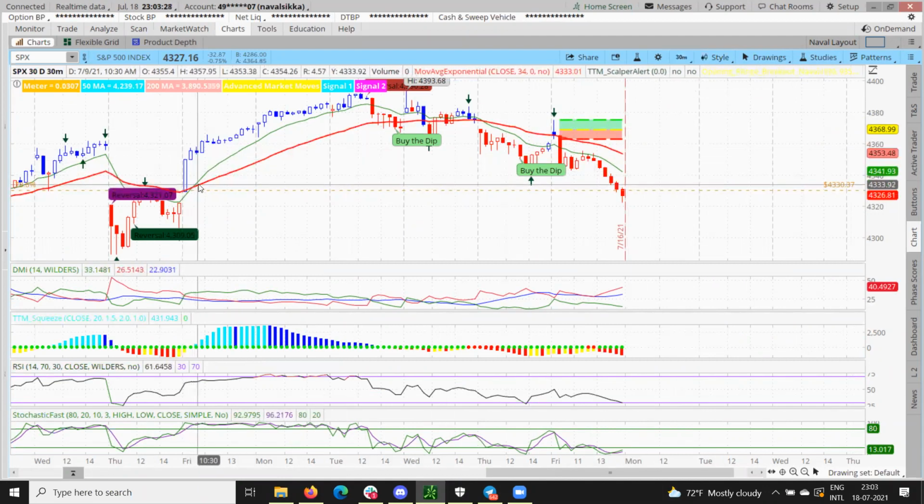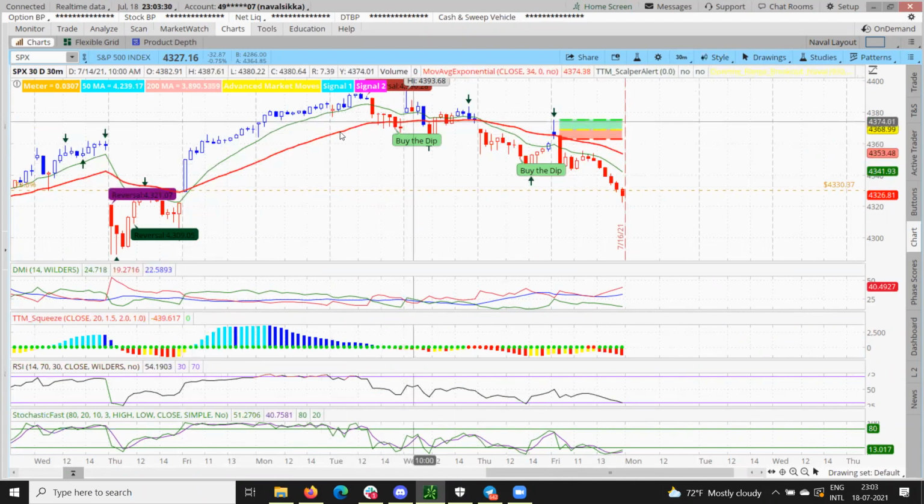Whenever there is a crossover of the 30-minute red over green or green over red, that's a confirmation for me that yes, I need to change the direction. So right here, at this point, the red came over the green. It told me that yes, it's time to go short. Okay, so what should I do?